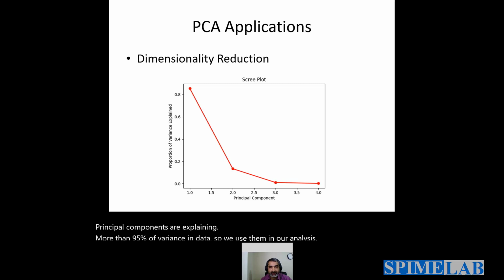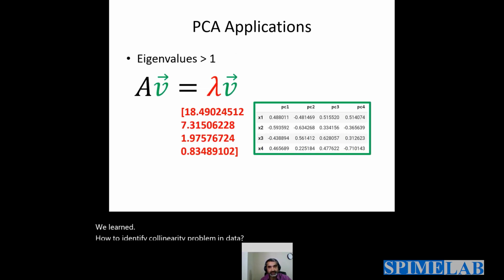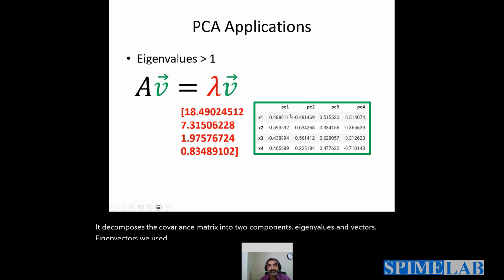So this is how we learned how to identify the collinearity problem in data. The solution is decollinearity. PCA gave us that decollinearity capability. It decomposes the covariance matrix into two components, eigenvalues and eigenvectors. Eigenvectors we use to transform our original data into principal components data. Eigenvalues we can also use to choose which components we want to use.